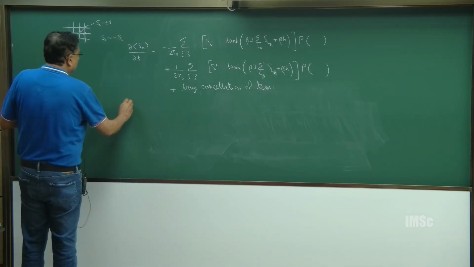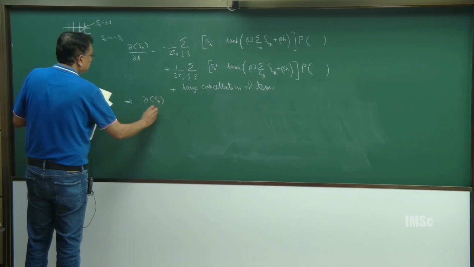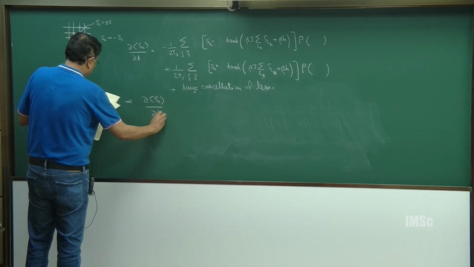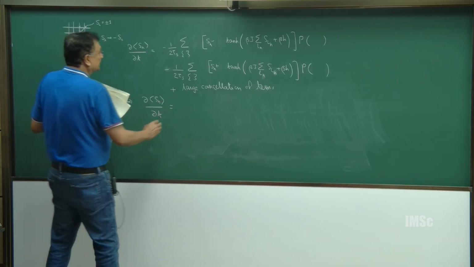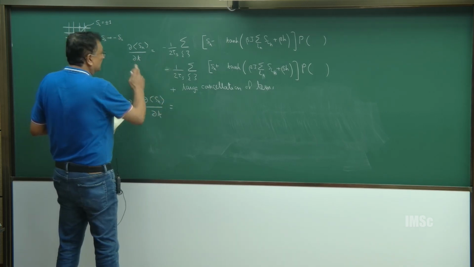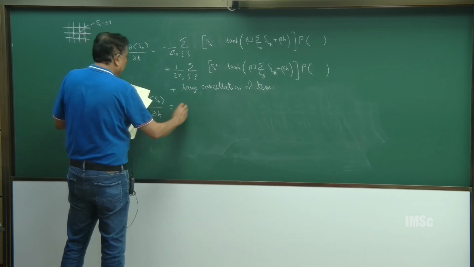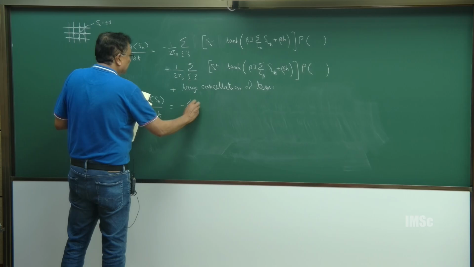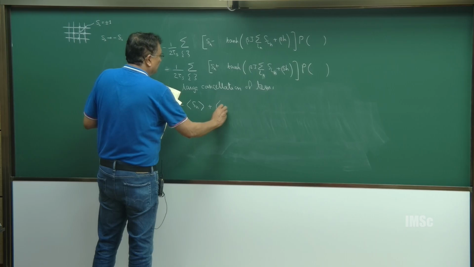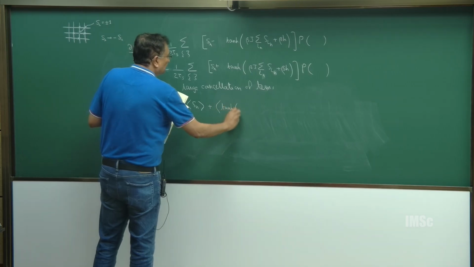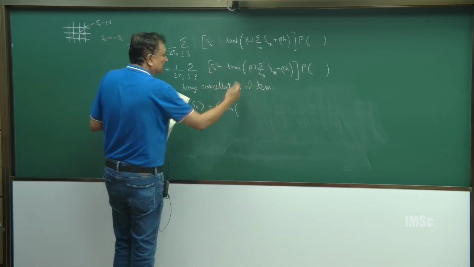So, this tells me that d of Sn average over dt is equal to, basically I just absorb the tau s into the time scale. I combine these two terms and I get minus Sn average plus the average of tanh, sorry, this should have also been a minus sign here actually, because I switched the signs out there, right.